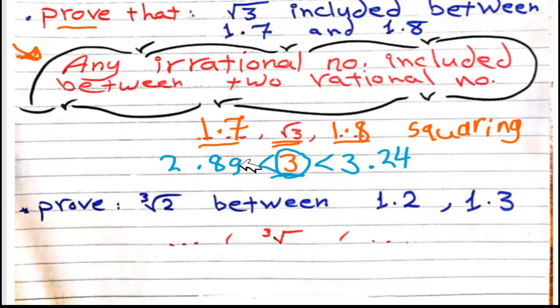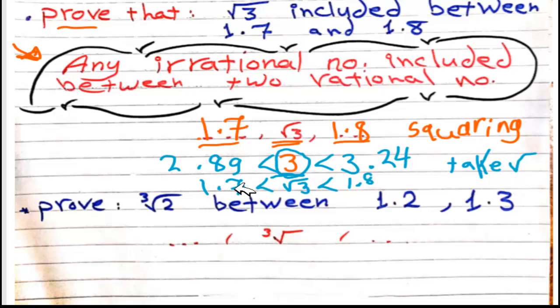I can take the square root again, so here root 3 is less than 1.8 and bigger than 1.7.